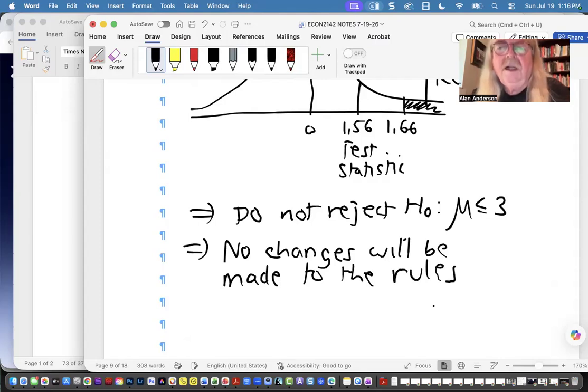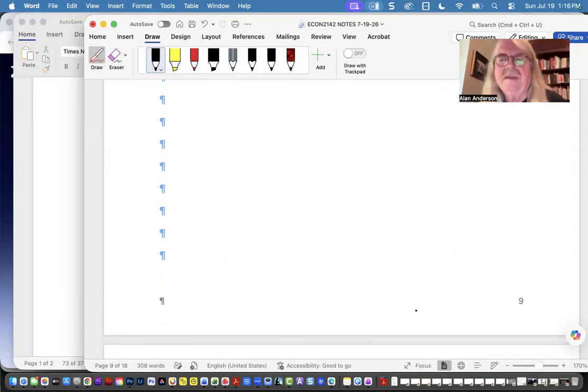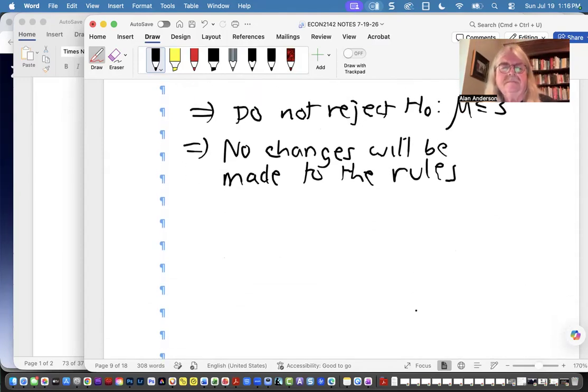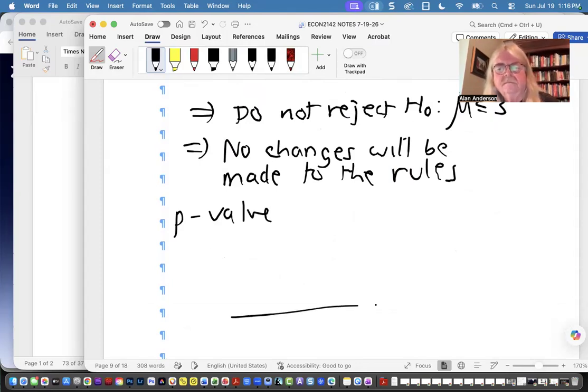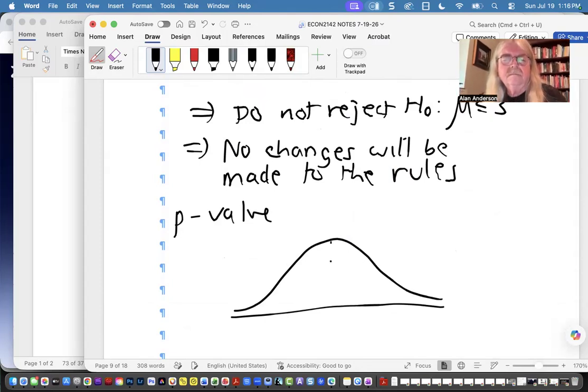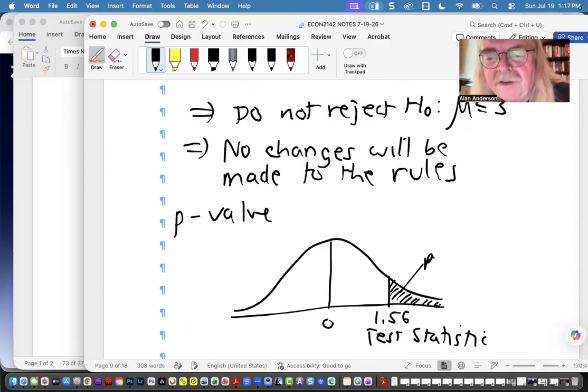All right, and what about the p-value? Okay, here's our p-value. Anything more extreme than the test statistic.